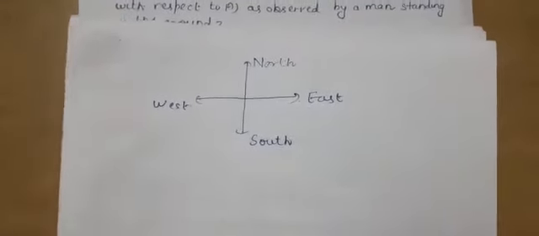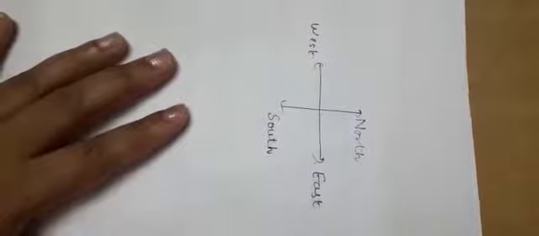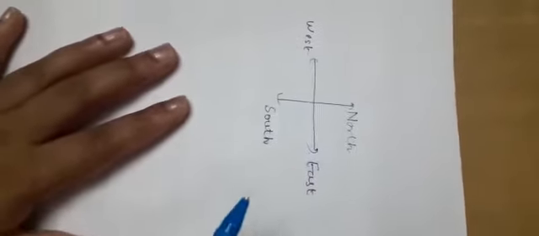We all prefer to take north as the upward direction, as it is convenient. But if somewhere I draw north direction like this, and south direction like this, towards left and right, don't get confused. The direction pattern will be the same. For our convenience, we can draw it in the horizontal direction also.